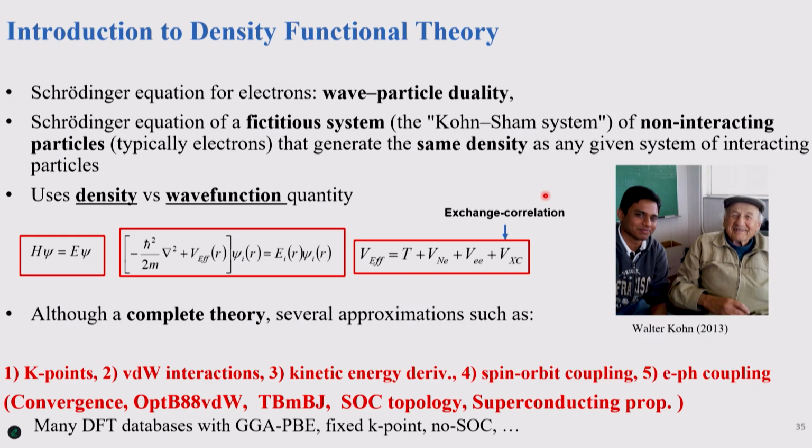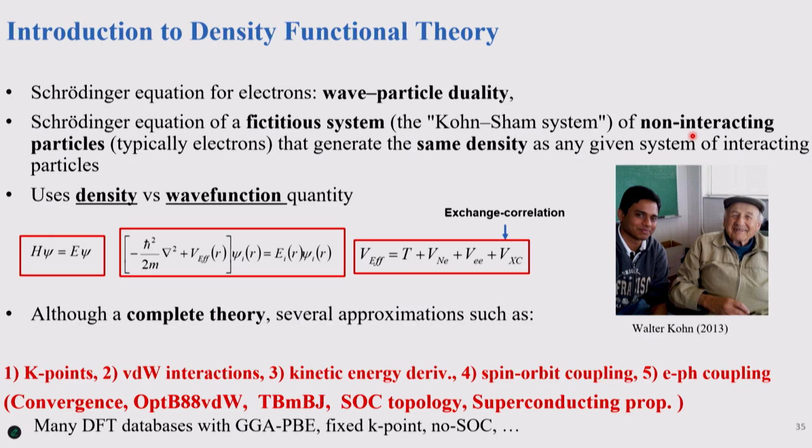One very interesting thing in this density functional theory is that they deal with a fictitious system called the Kohn-Sham system of non-interacting particles. Suppose you have psi, a wave function of multiple electrons. If you have table salt, there are many, many electrons there, and if you want to solve for psi for each electron, it becomes an unmanageable problem.